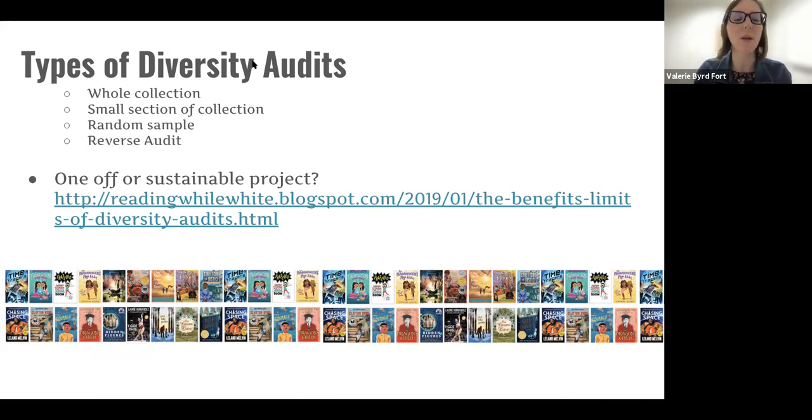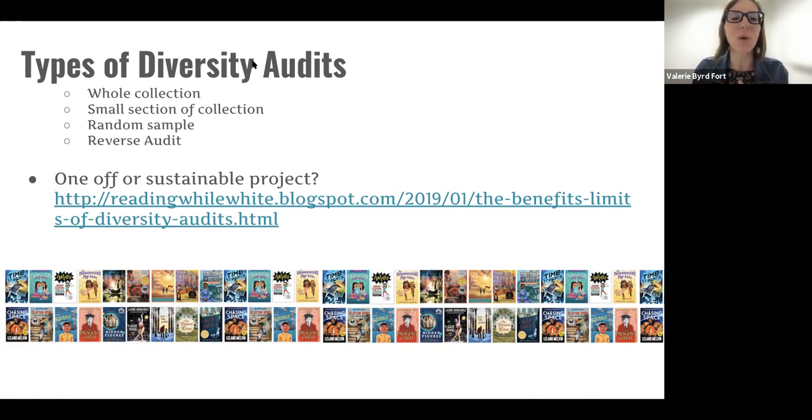So you could do that. If you're a school librarian and you find yourself reading the same things year after year, you've got your favorites for certain lessons that you read, do an audit of those particular books. Those are books that you're sharing with your students, right? And the ones that we share are the ones they want to check out. So make sure that those are diverse.